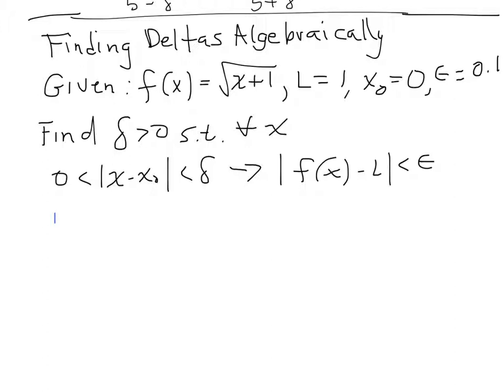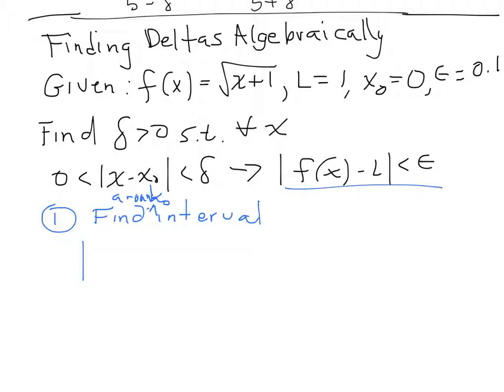So step one is we are finding the interval. Maybe we should say around x naught, because I always say stuff like finding the interval. Well, what interval? We're looking around x naught. It's very crystal clear it says that, right? Okay, so I'm going to rewrite this: absolute value of f of x minus L less than epsilon.